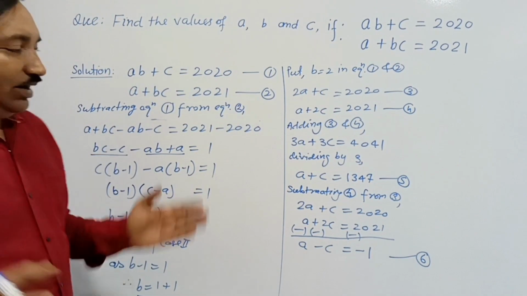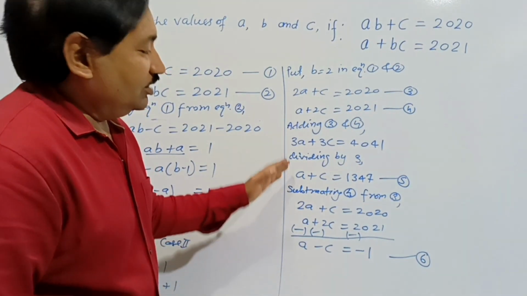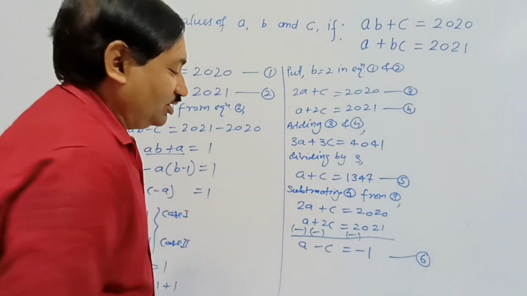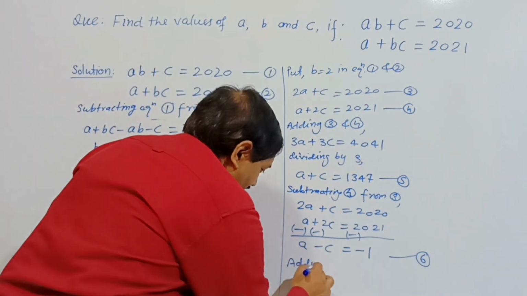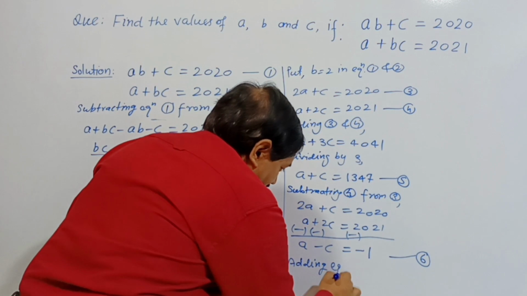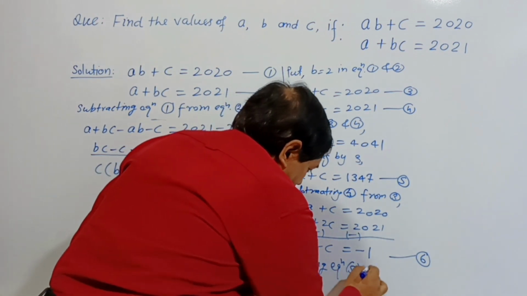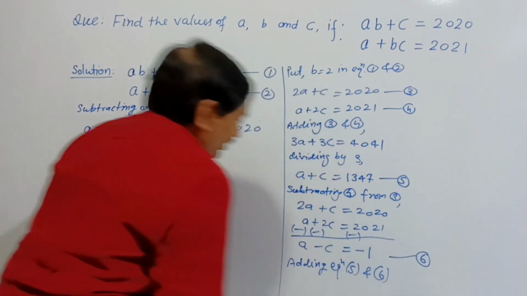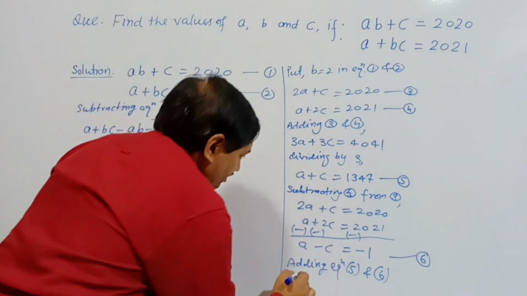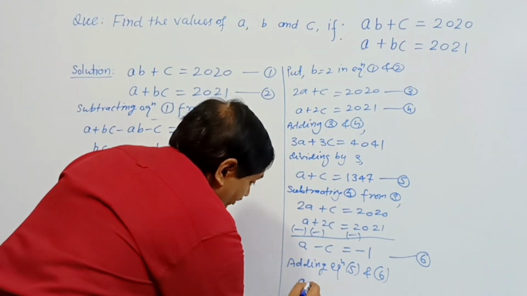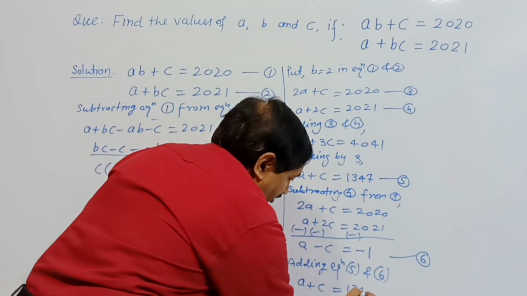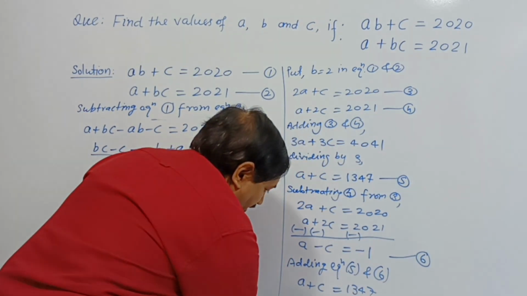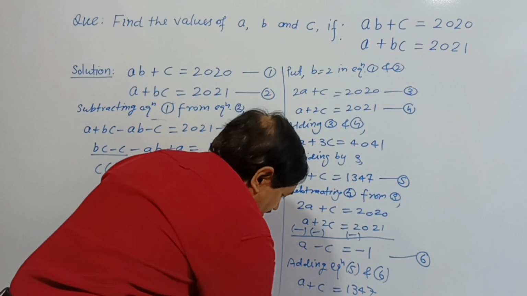Now adding equations 5 and 6. We have A plus C equal to 1347, and A minus C equal to minus 1.